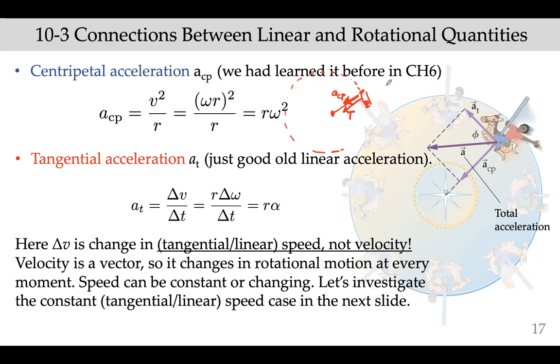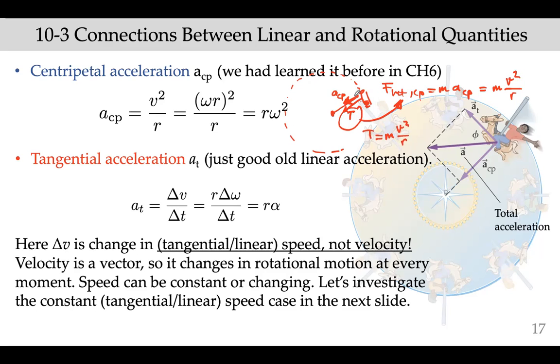So we would write F net equals ma, so F net centripetal equals m times a centripetal, and a centripetal was v squared divided by r. In this problem, instead of F net, we would have T. So the equation would be T equals m times v squared divided by r, because there's no other force.